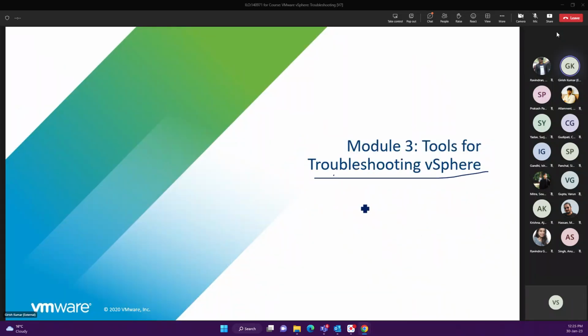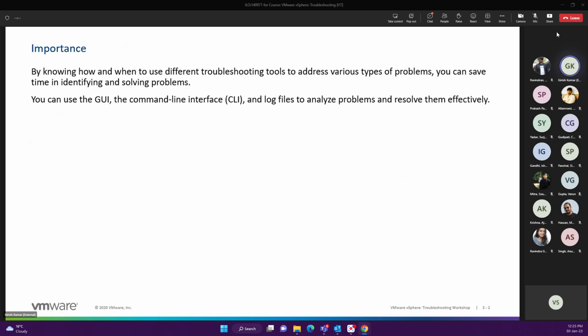So various types of tools we're going to discuss here in module 2. By knowing how and when to use different troubleshooting tools to address various types of problems, you can save time in identifying and solving the problems. You can use the GUI, graphical user interface, or you can use CLI tools, the command line interface.